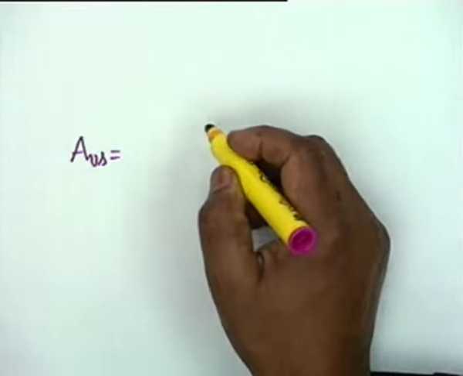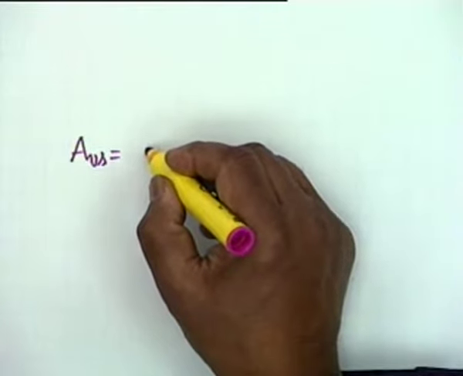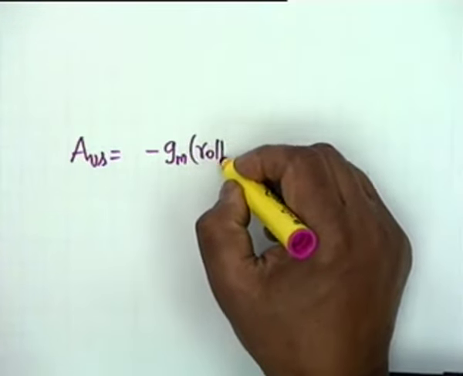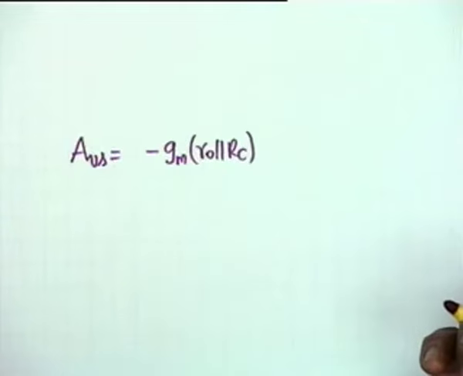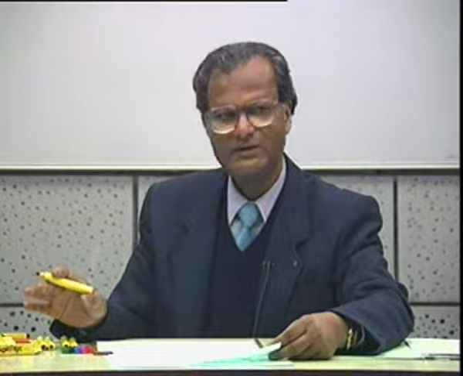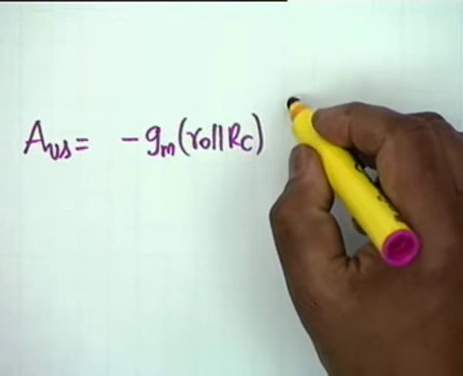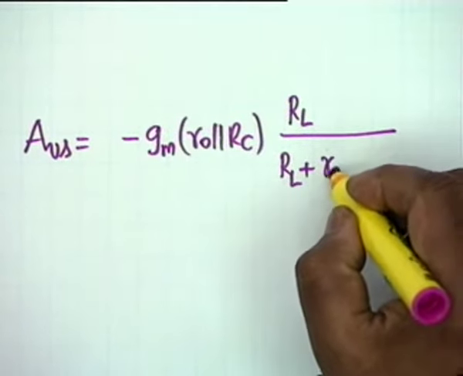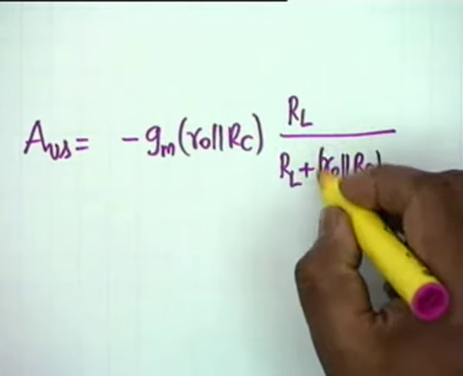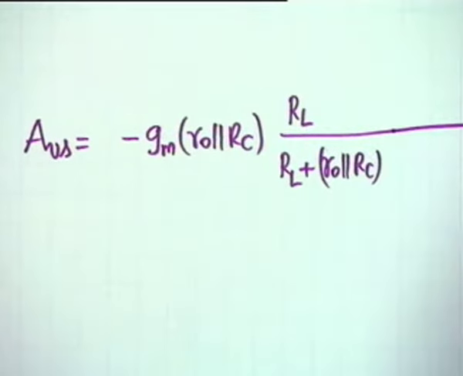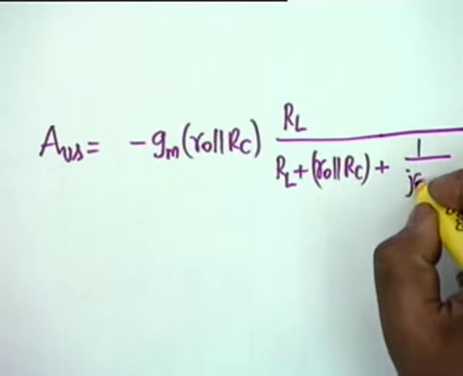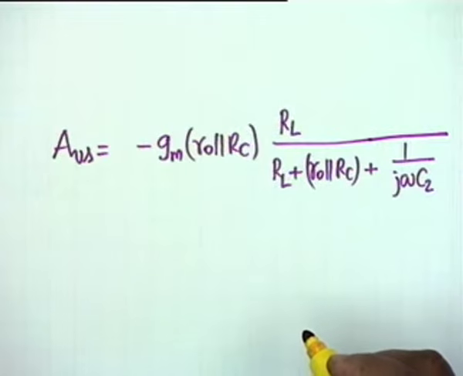It would be simply minus Gm R0 parallel RC. Okay, let's find out first the output voltage V0 in terms of V pi. This would be RL divided by RL plus R0 parallel RC, plus 1 over j omega C2.